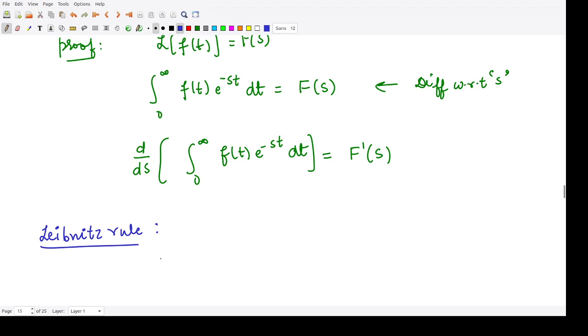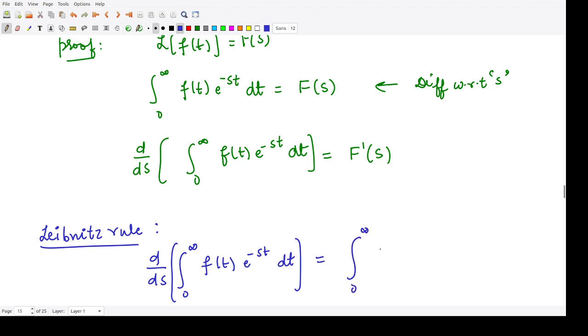So this rule says that if you are to perform the derivative with respect to s of this integral term, f of t e to the power minus st dt, it would be nothing but integration within the same limits. Firstly we perform the partial derivative with respect to s of whatever is inside.